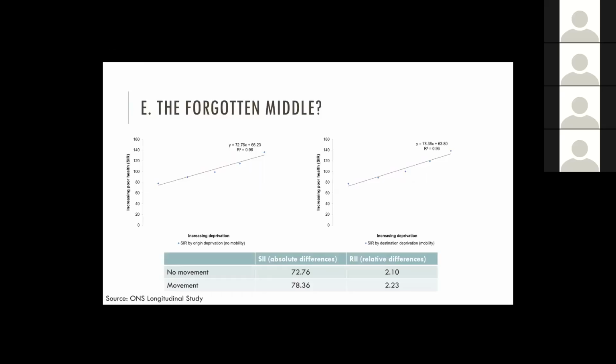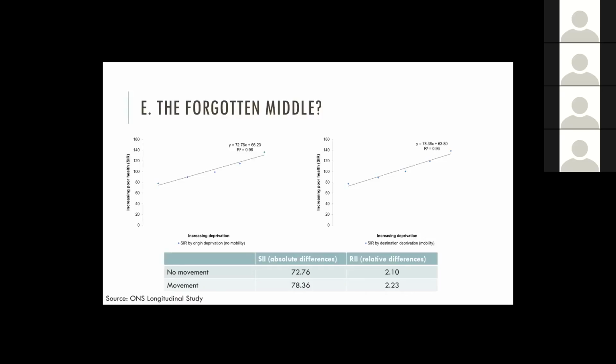These graphs plot the slope index of inequality, and then we have the relative index of inequality down at the bottom, for scenarios where people have been put back to their origin deprivation in 2001, contrasting with what happens if you allow the population to move, so the health that occurs if they are allowed to move in 2011. And in both cases, absolute differences from the slope index of inequality and relative differences from the relative index of inequality are steeper when movement is allowed.